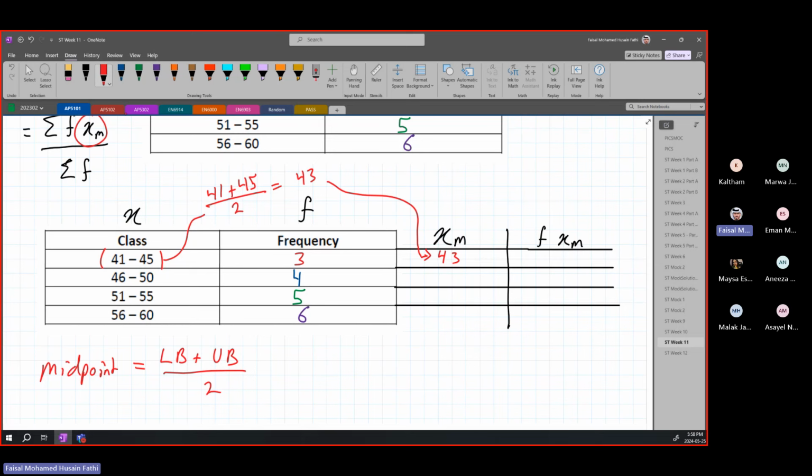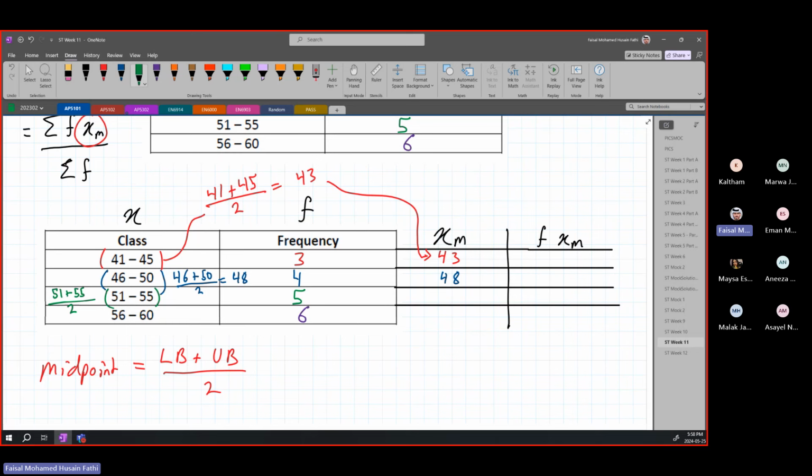All right? The same thing you're going to be doing for the remaining values. So for this one, it is going to be 46 plus 50 divided by 2, which is going to give us 48. So this is our second midpoint. The third midpoint over here, right? This is 51 plus 55 over 2.